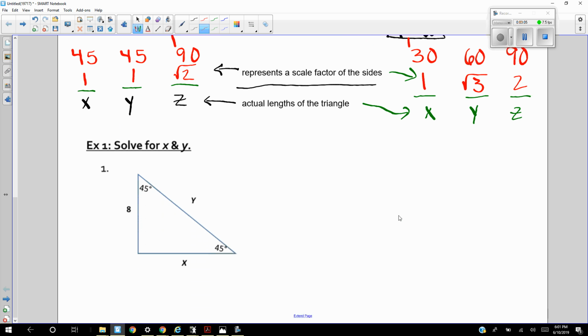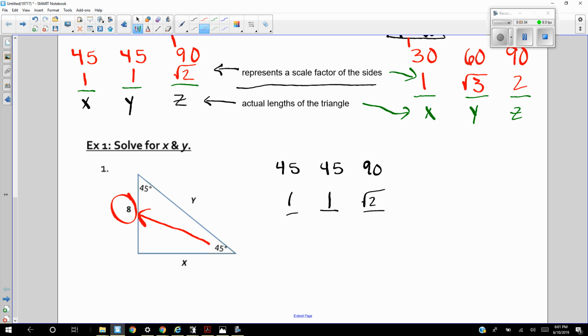So let's use these patterns and see how they can help us solve some of these problems. Let's start again with a really simple one. Probably you can do it in your head without using this process I'm going to show you, but this is a 45, 45, 90 triangle. I just want you to practice using this pattern. It follows the 1, 1, radical 2 pattern. And obviously this side that we know is not 1.